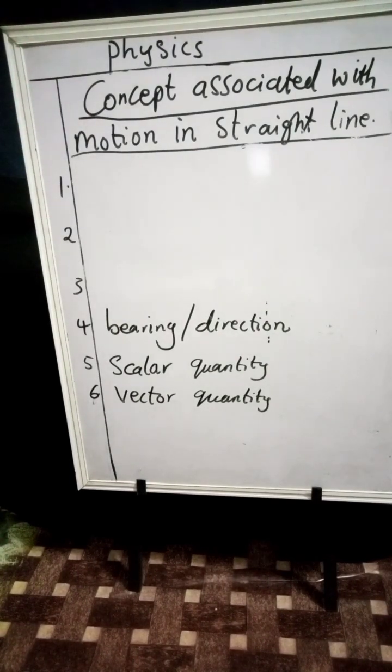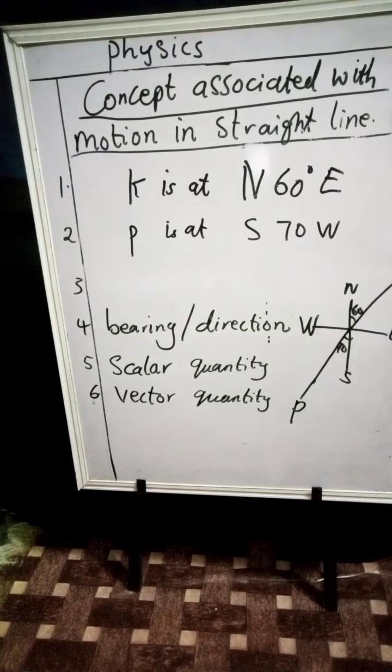Bearing and direction. We have 4 cardinal directions, which are north, south, east, and west. In stating the direction of a given point, we state the angle in relation to its cardinal direction. Using these 2 examples, we can illustrate what we have just said.